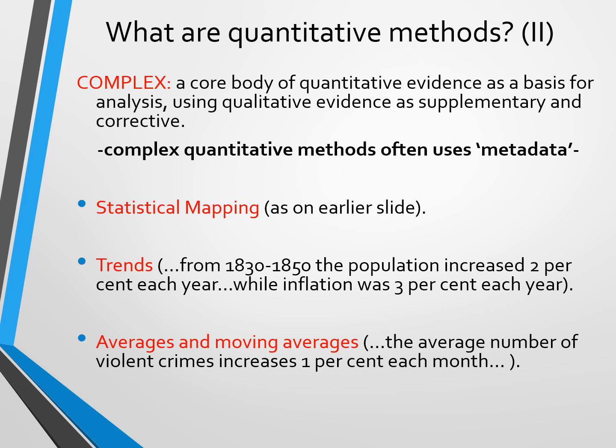Complex quantitative methods very often use metadata. Statistical mapping, as on the earlier slide, could be achieved by grouping people with similar last names into the, quote, German category, and then creating a similar map to indicate where, quote, German people live.